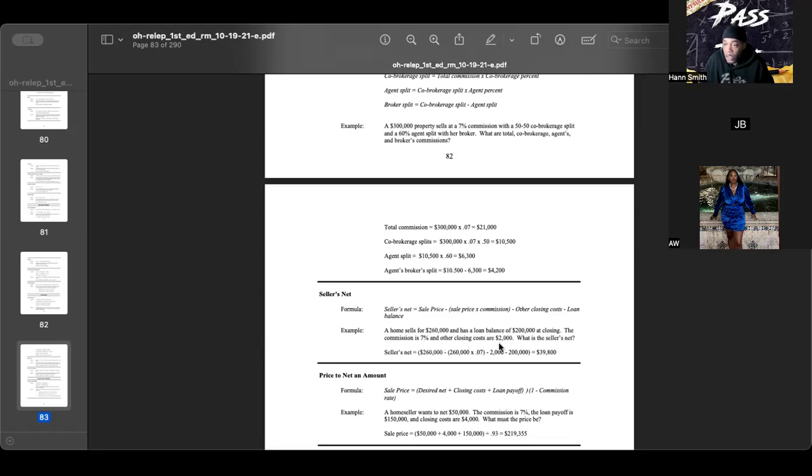And then all other closing costs, that includes title work, taxes, and if they're in an HOA and they have dues that were supposed to be paid and they didn't pay, all of that type of stuff. And then the question is, what is the seller's net? The simple way to do it, this is how I look at it: you get your paycheck every two weeks, say.